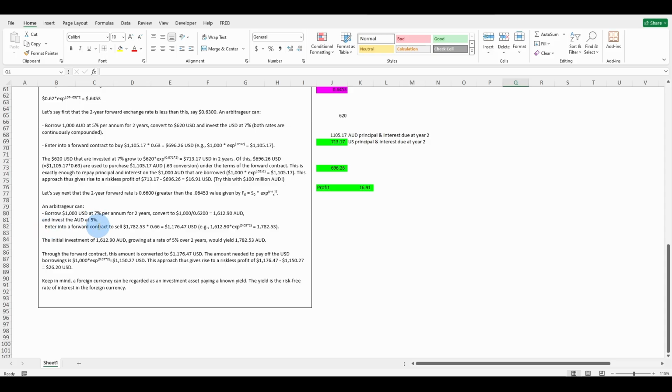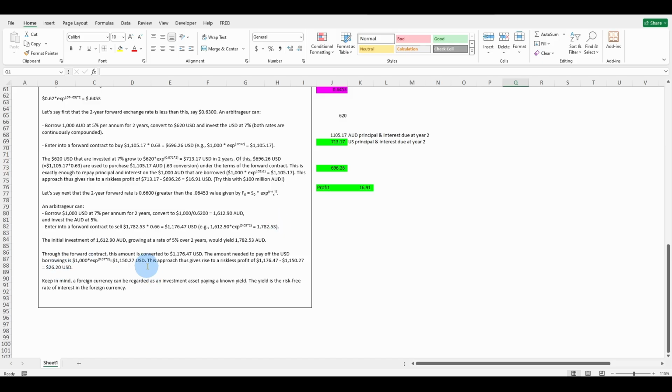Enter into a forward contract to sell 1,782.53 times 0.66 equals 1,176.47 US dollars, where 1,612.90 times e^(0.05 × 2) equals 1,782.53.